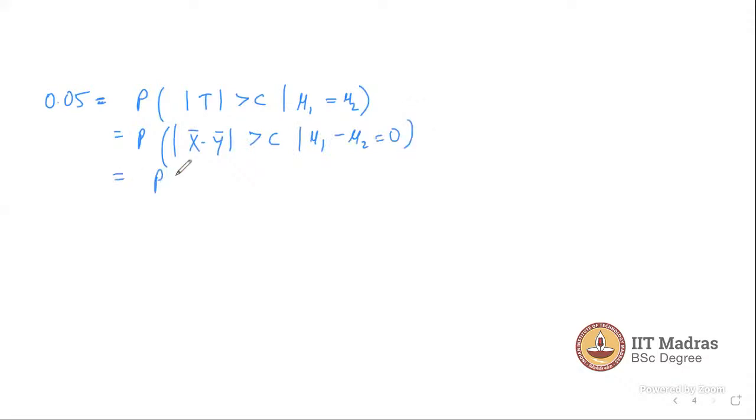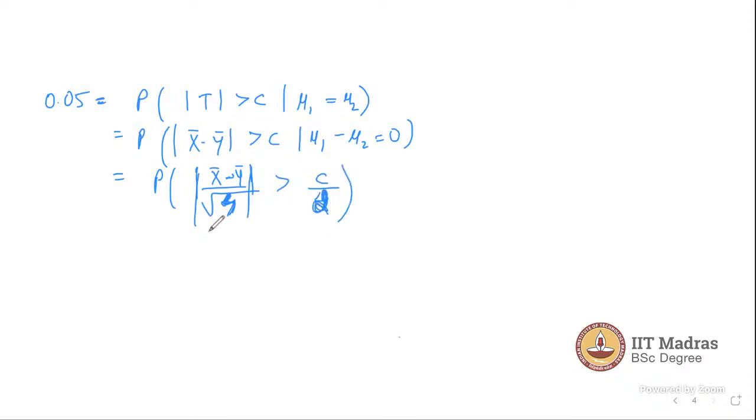This becomes x bar minus y bar divided by sigma, which was 2, greater than C upon 2.